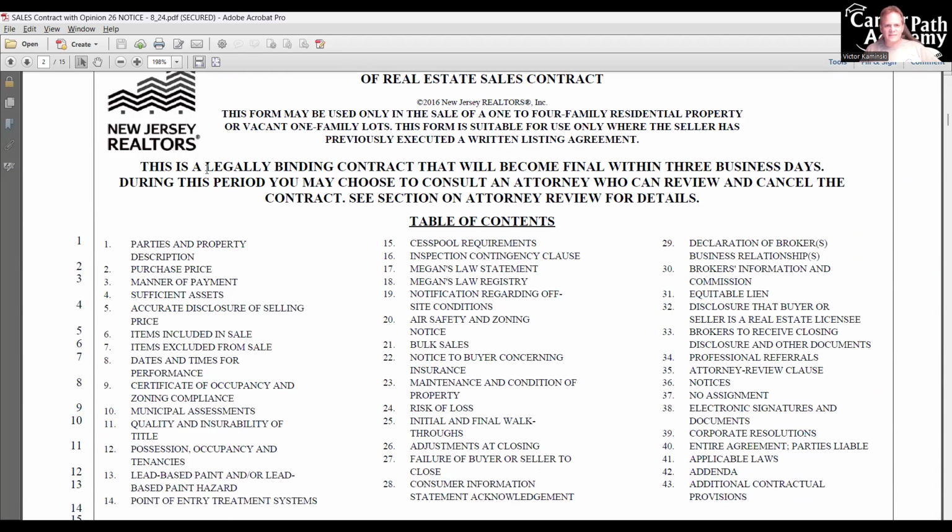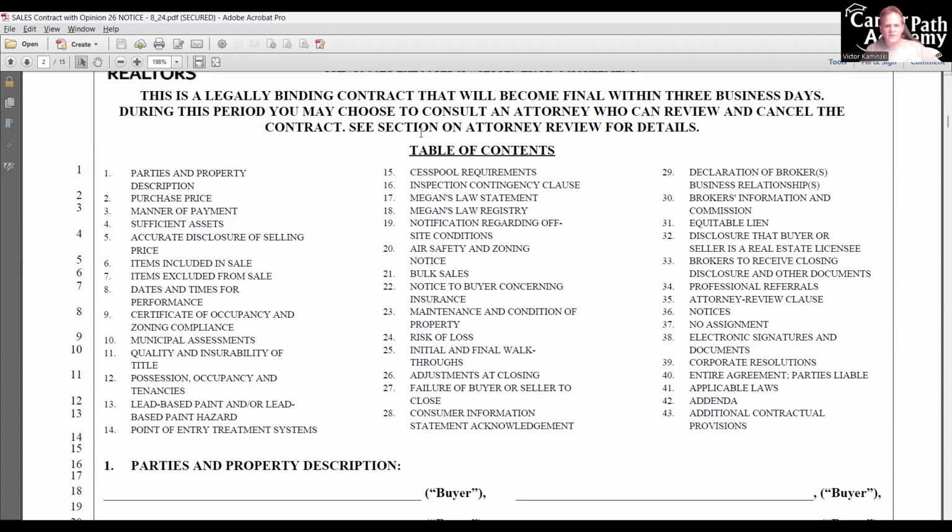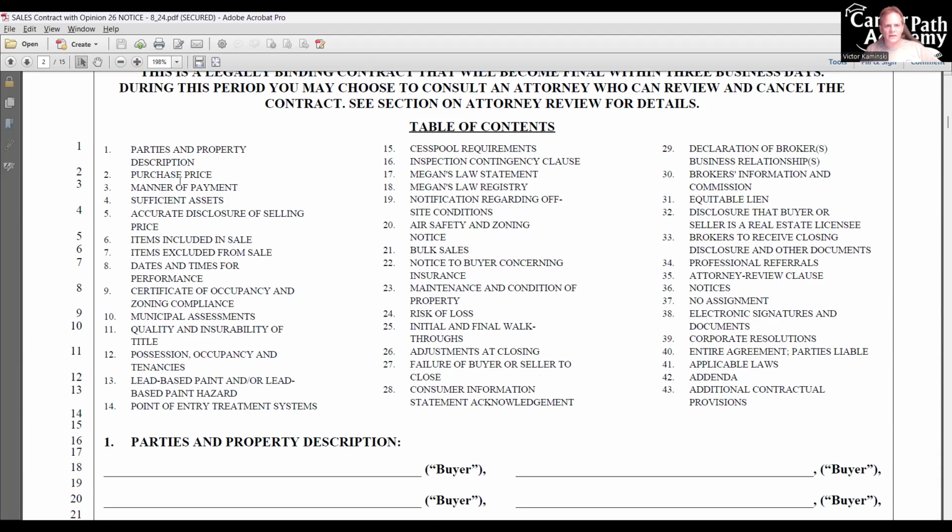At the top, it says this is a legally binding contract. Will become final and binding within 3 business days. And there's a table of contents in our contract. Let's see, do we see one anywhere that says, what was it that we were looking for before?